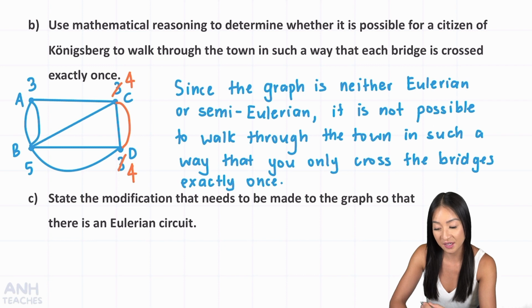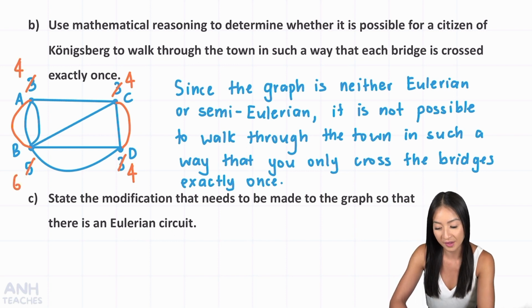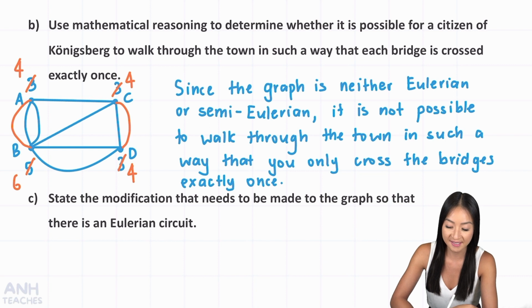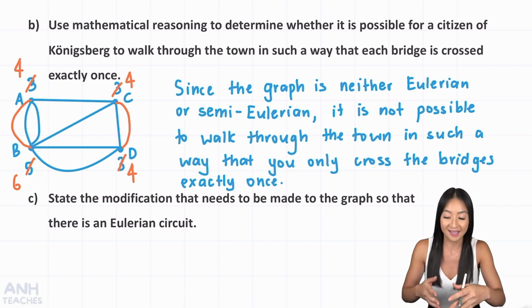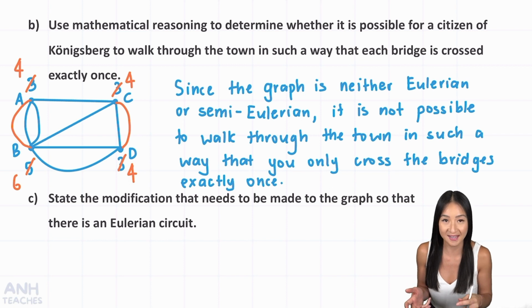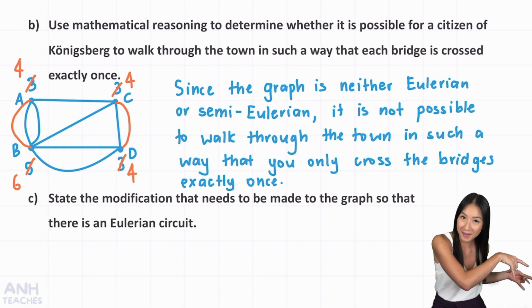And I would need to add one more edge between the other 2 odd vertices, which would make those vertices even. So the modification here is that I'm going to add 2 edges. In this case, that's AB and CD, but you can also add AC and BD.